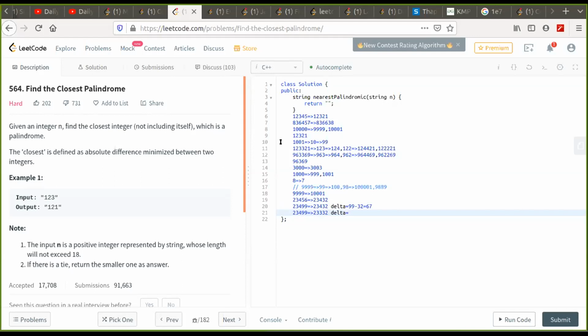It's about 100, 499 minus 332, quite a big number, right? And what about if I compare it with 23532? We don't want exact subtraction, so don't worry. It's 33, it's less than 67.